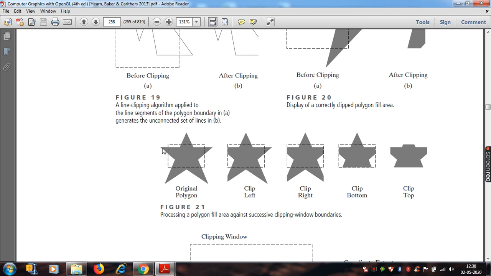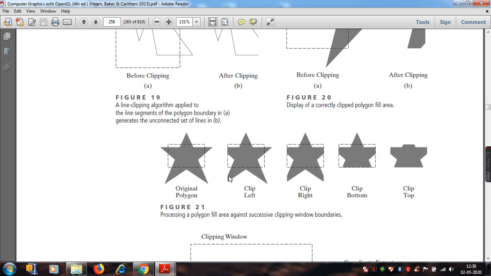This portion is now clipped, which means 2 new vertices are generated here. Similarly, this one vertex is eliminated, and we got 2 new vertices generated here.